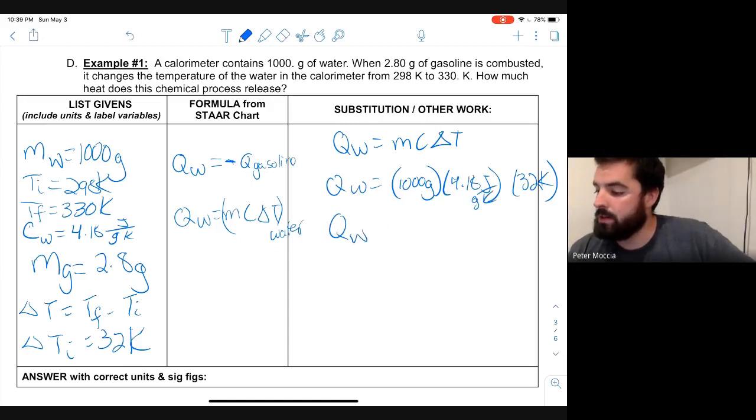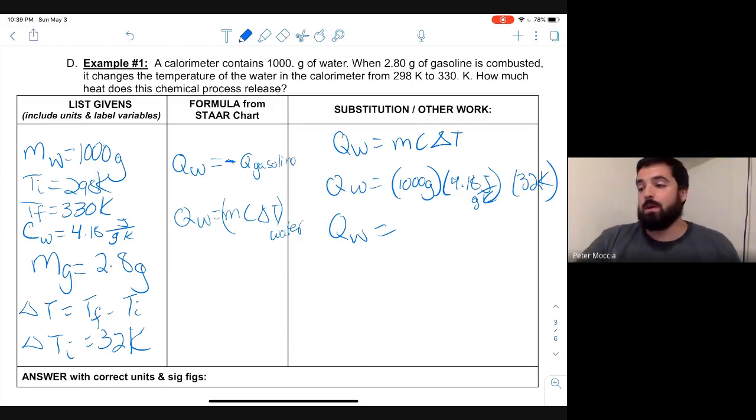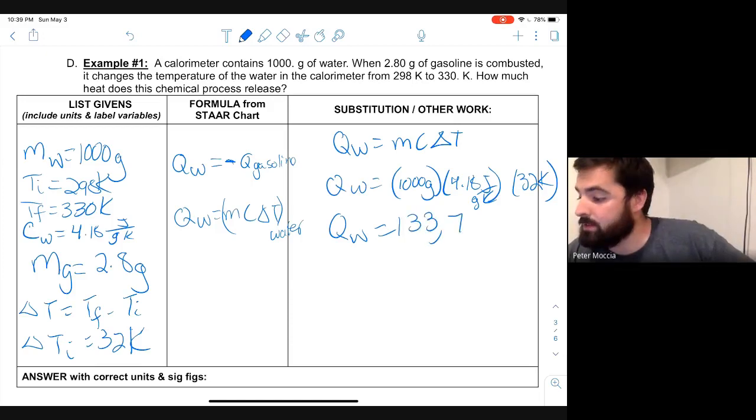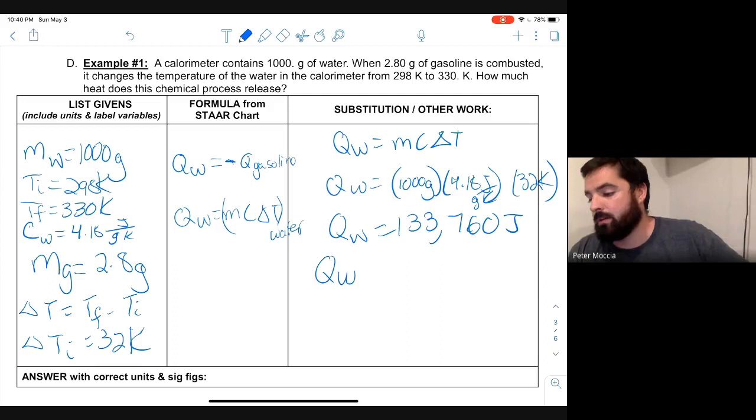So Q water is equal to 1,000 times 4.18 times 32, which of course is 133,760 joules.